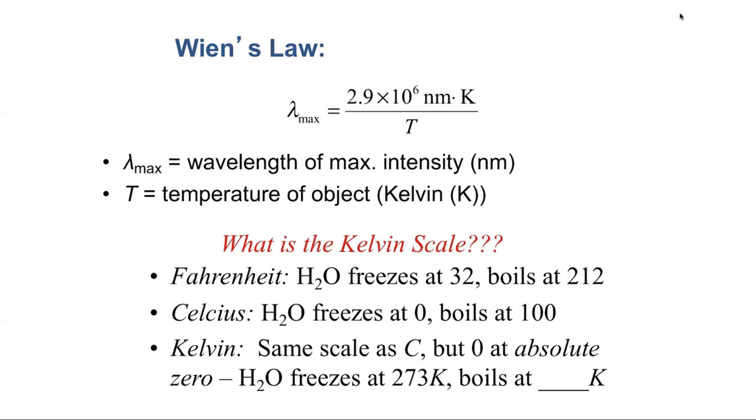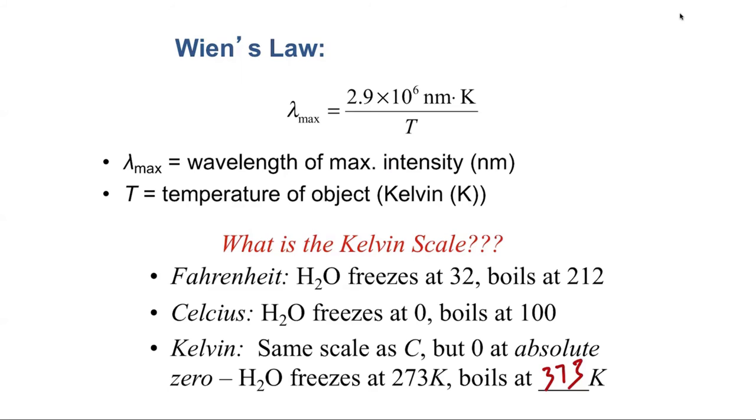Okay, so the Kelvin scale is set up nicely so that zero is actually at zero, but it keeps the same scale as the Celsius scale. In other words, there's still 100 kelvins between the freezing point and the boiling point of water. And since the freezing point of water is 273 kelvins, that means that the boiling point of water happens at 373 kelvins.